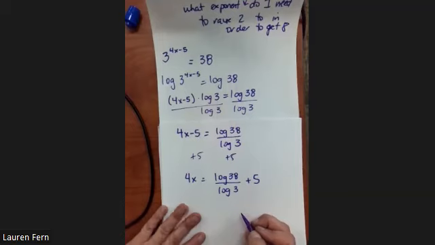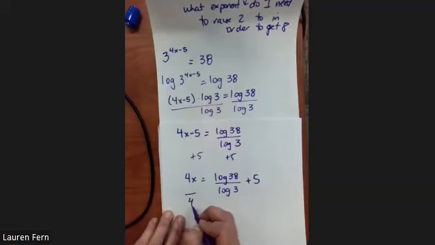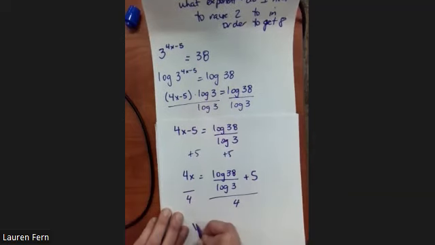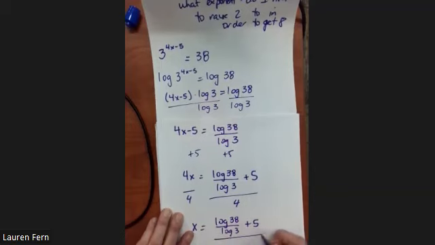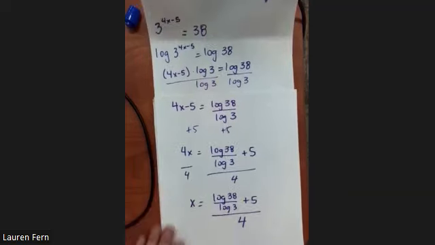Not there yet. What's my last step? We got to divide both sides by 4. So we get log of 38 divided by log of 3 plus 5, and that whole mess divided by 4. No one said it's pretty.